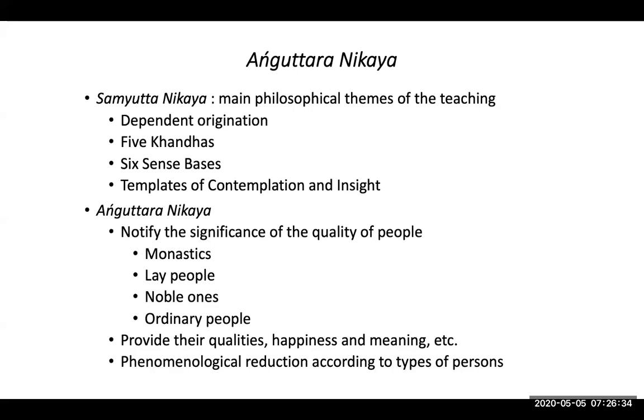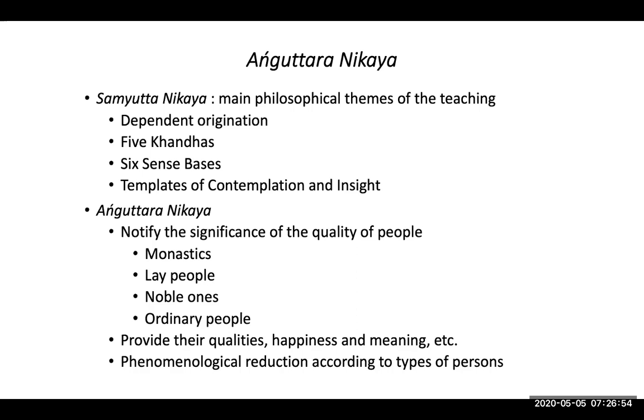Last week, when you studied Samyutta Nikaya, it focused on the main philosophical themes of the teaching, such as dependent origination, the five khandhas, the six sense bases, and templates of contemplation and insight meditation.